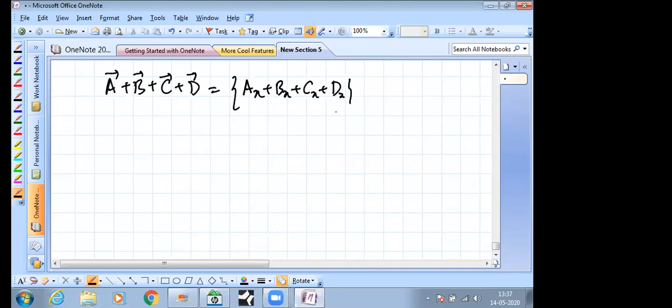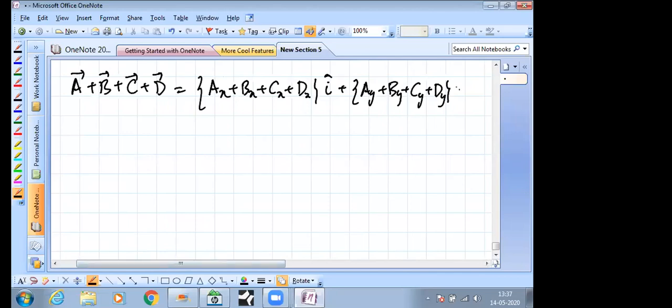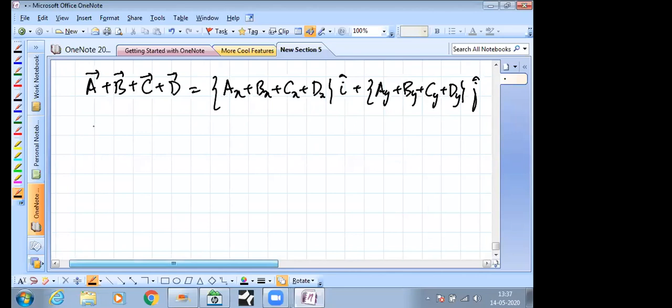You don't have to keep adding A plus B, then add that to C. You don't have to do so many steps. You can just add them all in the same way. So Ay plus By plus Cy plus Dy into j. Okay. So this is what happens for multiple vectors.